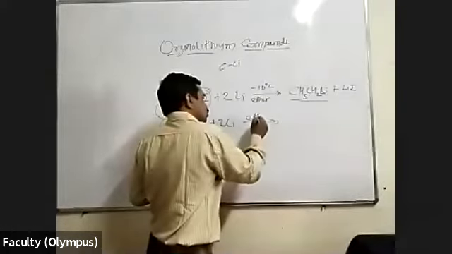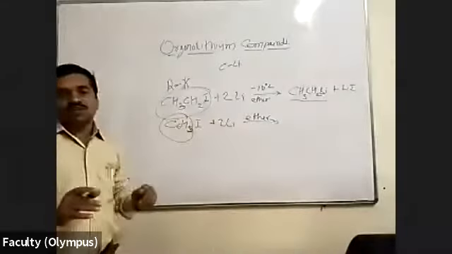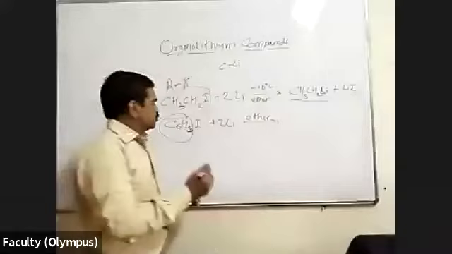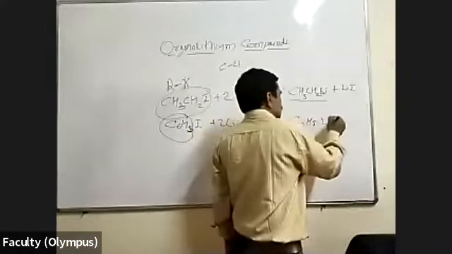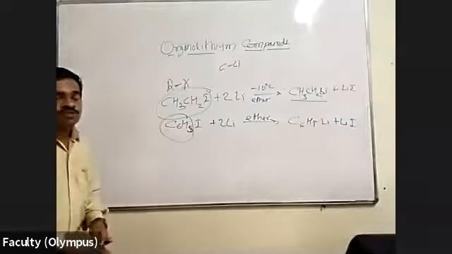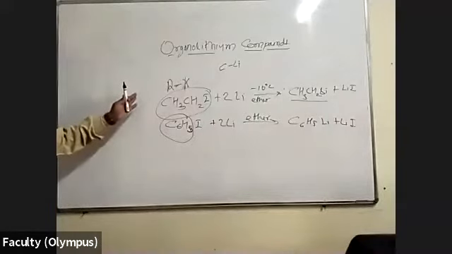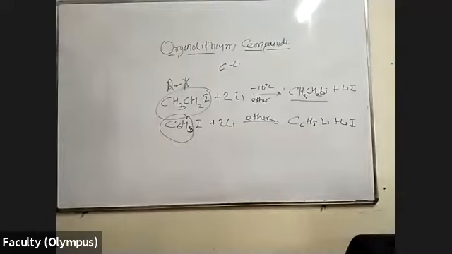We have to use solvent ether. This may be carried out at the boiling point of ether also. They do not undergo the Wurtz reaction. They give phenyl lithium, C6H5Li plus LiI.